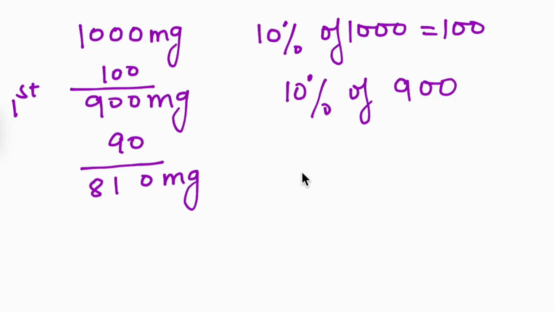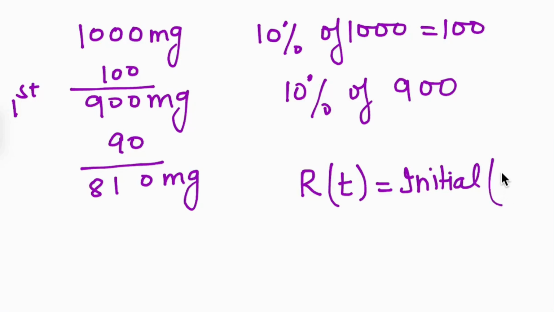And for this, the formula for the radioactive element remaining after t years is the initial amount times 1 minus rate percent, raised to the power t. If I say it's 10%, 1 minus 10% is 0.9 raised to the power t.